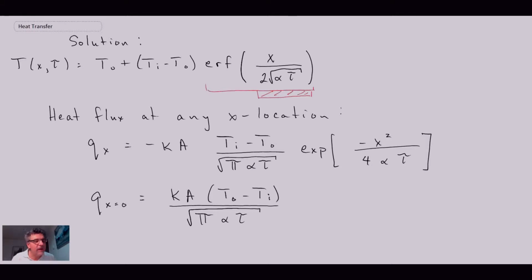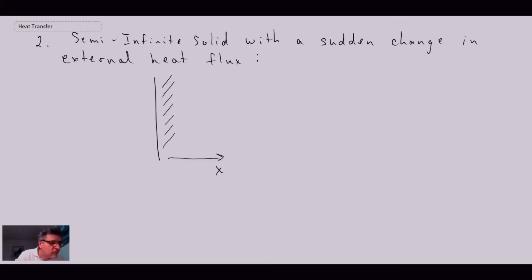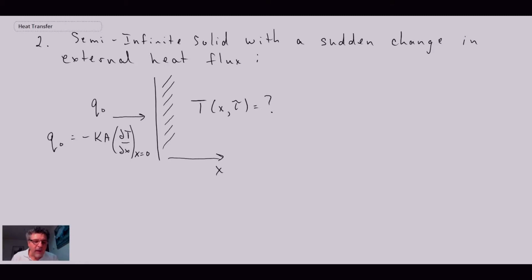The next one, increasing complexity of the surface boundary condition, is one where we change surface heat flux. So let's take a look at that. Okay, so for this one, what we're doing is we're changing the surface heat flux on the surface of the solid, right here.